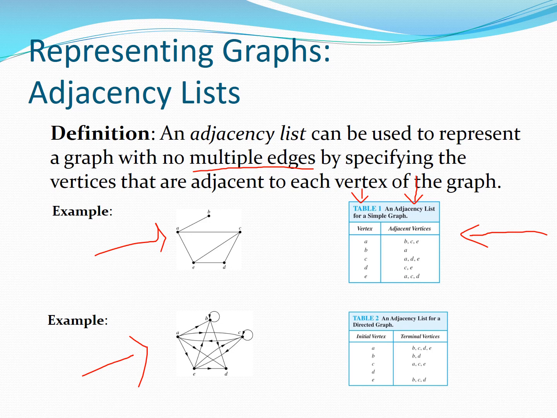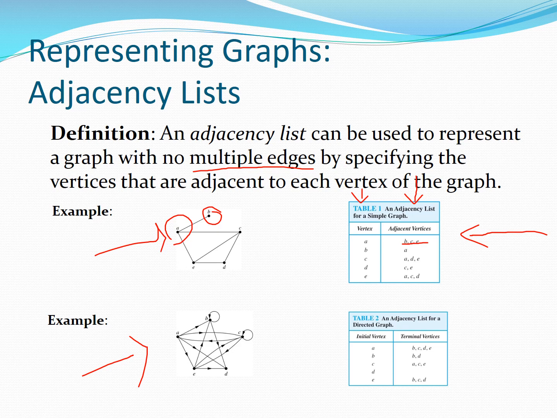So let's take each vertex, starting with vertex A. What are the vertices that A is connected to? A is connected to B, C, and E. So the adjacency list for A is going to be B, C, and E, as shown in the figure. Now let's look at the vertex B.